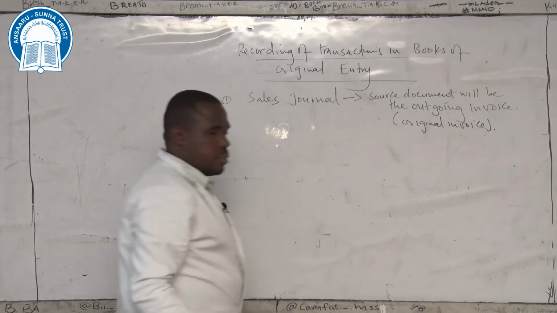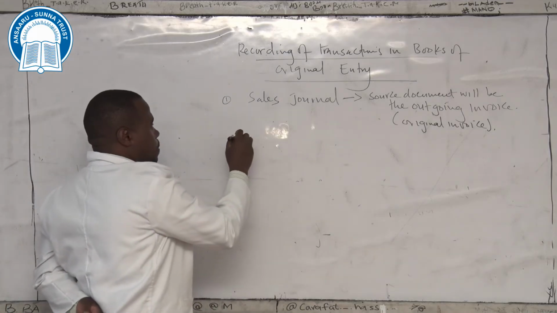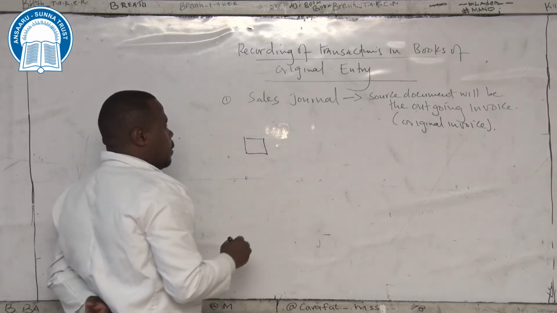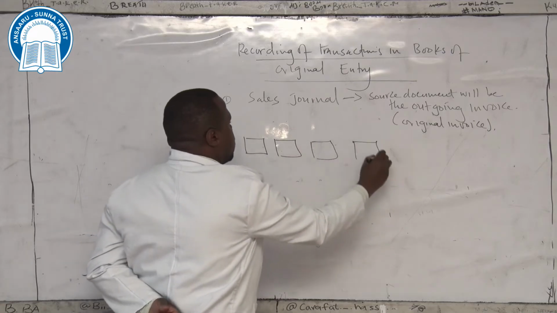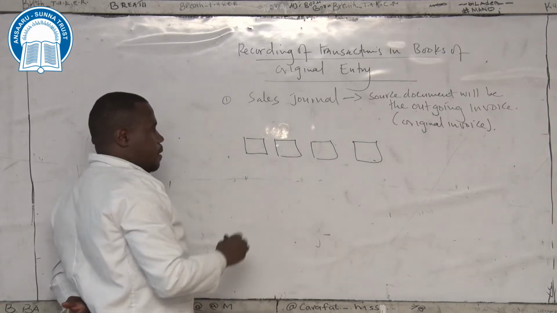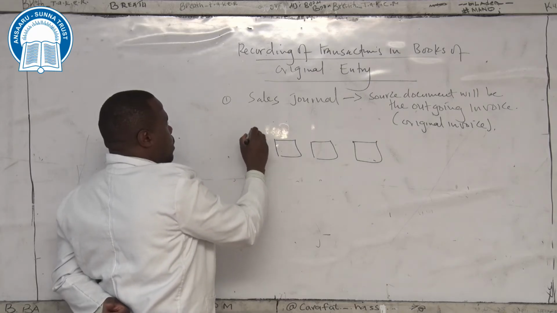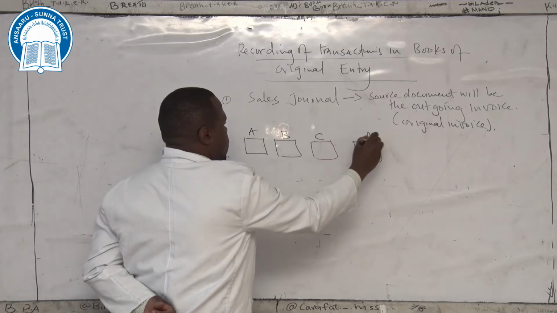To record transactions here, for example, we can assume that goods were sold to different customers: customer A, B, C, and A again.